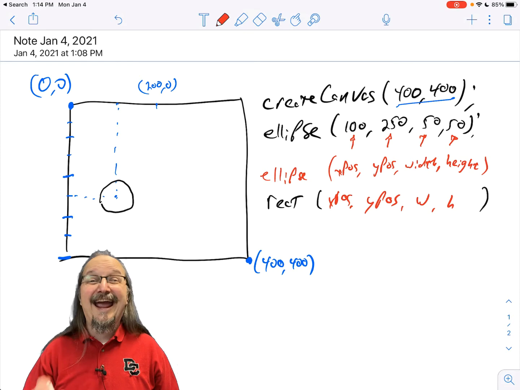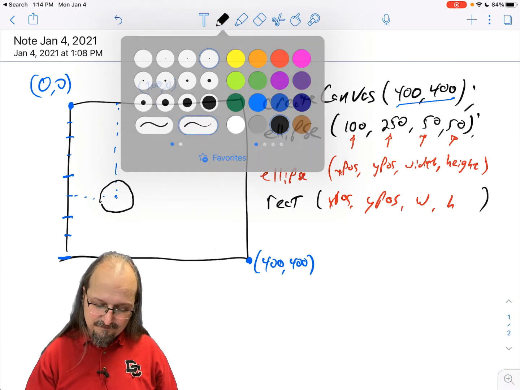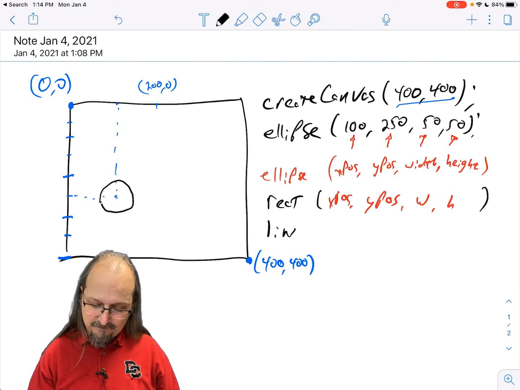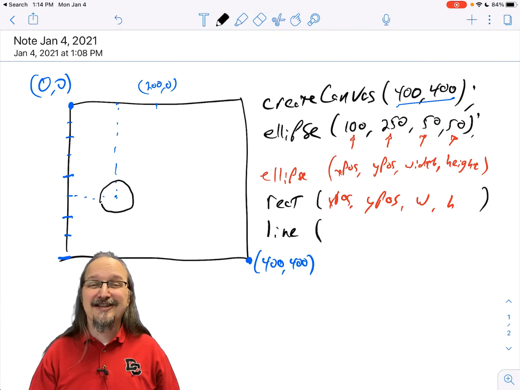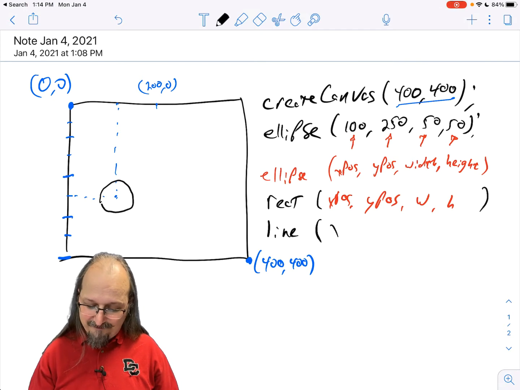And the last function I want to talk about today is the line function. And line is different because lines don't have a width or a height. They just don't. They're one-dimensional. I know you think they're two-dimensional, but really they're one-dimensional. And so really what we have is the x, y coordinates of both ends.